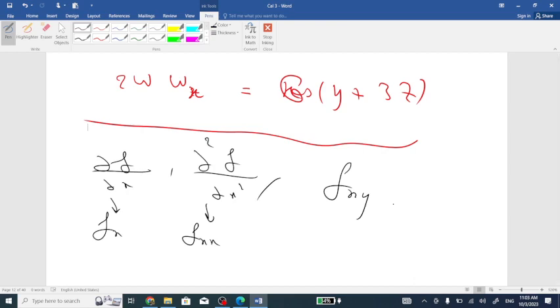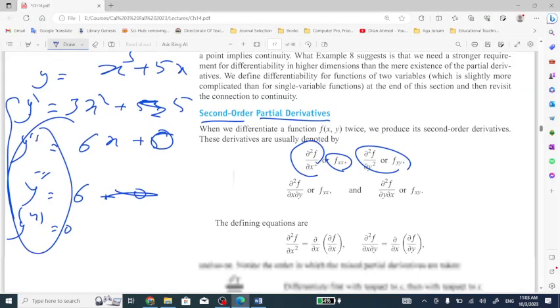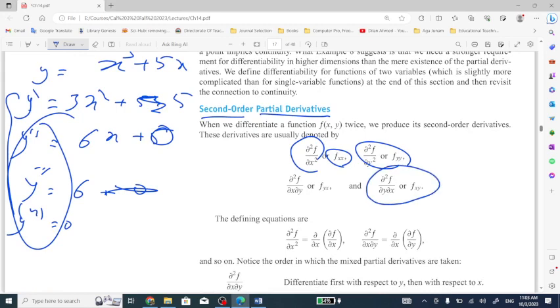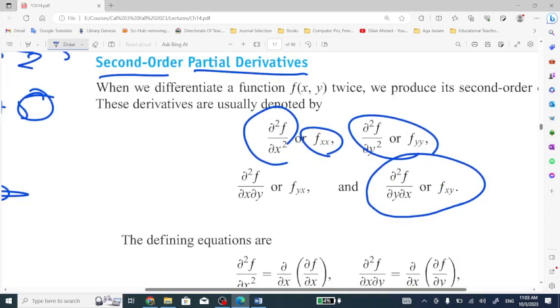Why? Because my function depends on two or more variables. Good. Look at here, this is the symbol. When you write fxy, it means first we took a derivative by x, second we took a derivative by y, and so on.